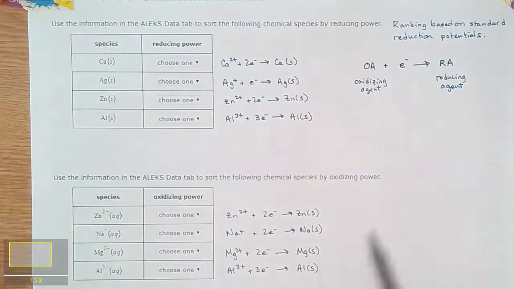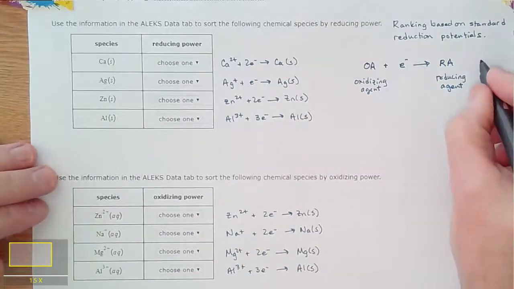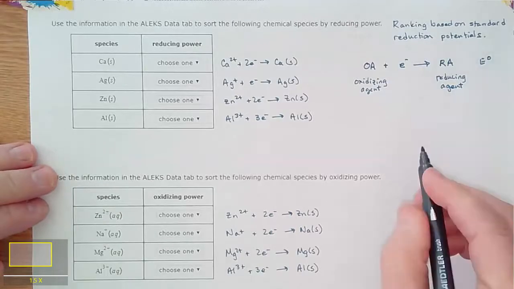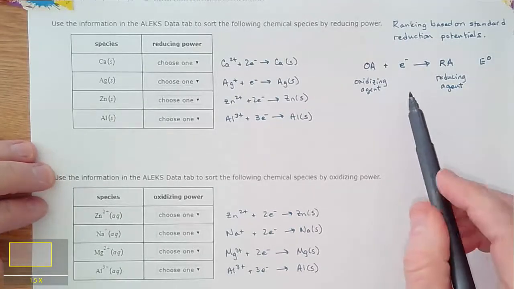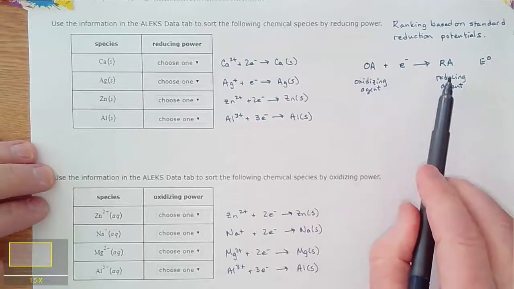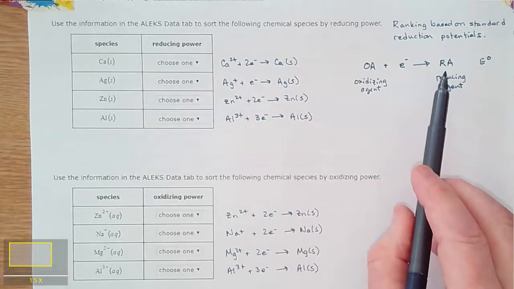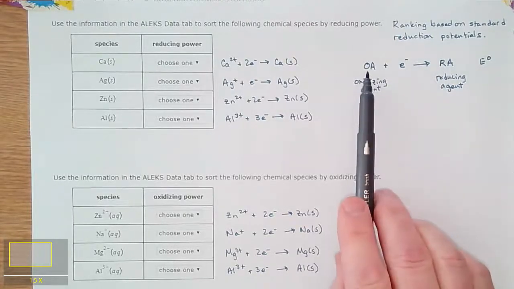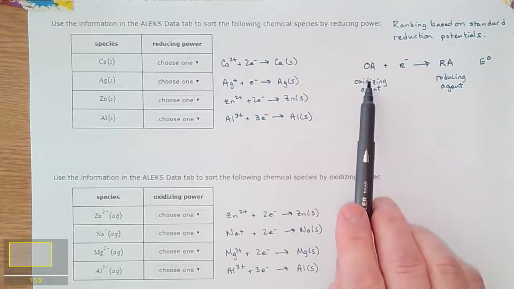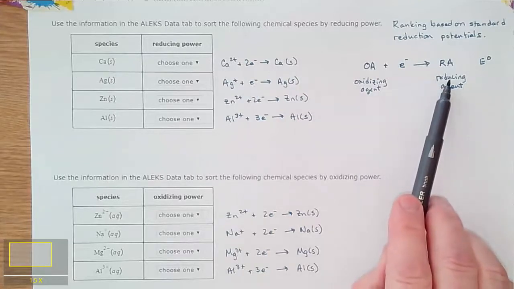Now we should recall that the E0 value attached to any reduction is in some sense a measure of the strength of that reduction. We should also recall, or I want to point out, that there's a reciprocity between the oxidizing agent and the reducing agent.